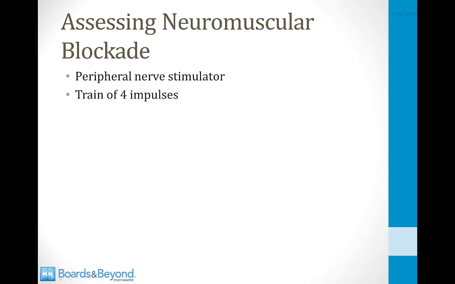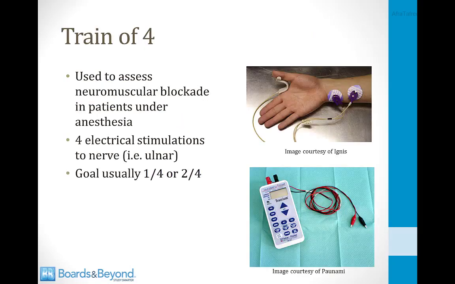The other thing I want to tell you about is how you assess neuromuscular blockade. So if you have a patient who's put to sleep and you administer a neuromuscular blocking agent, how do you know if you've given them enough? And the way you do this is by testing them with something called a peripheral nerve stimulator. You give 4 impulses to a nerve and you see how much they react. So this is called the train of 4, and I've shown you a picture of it right here.